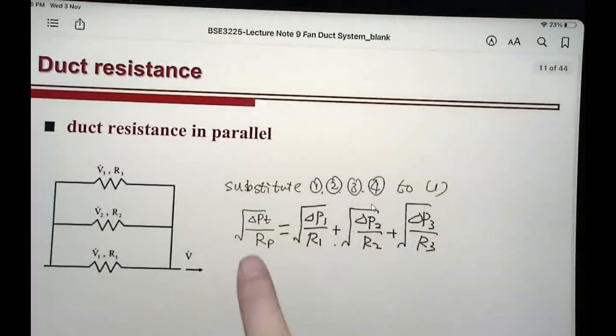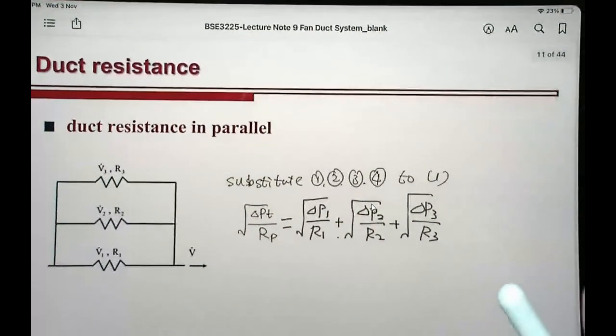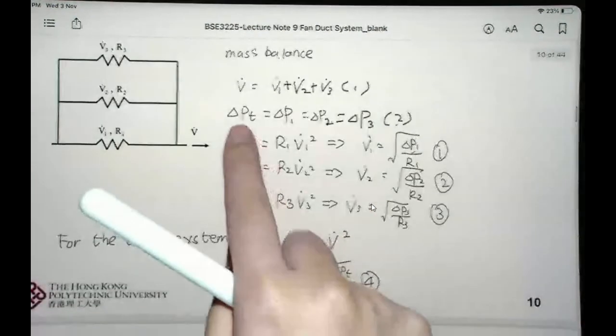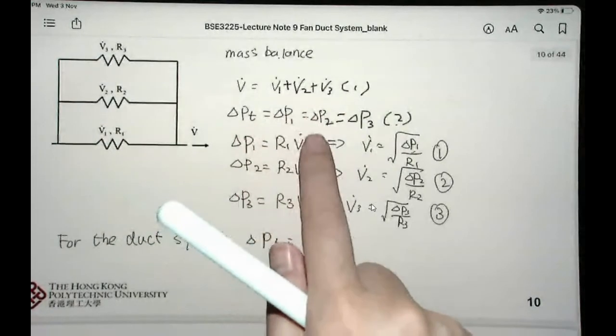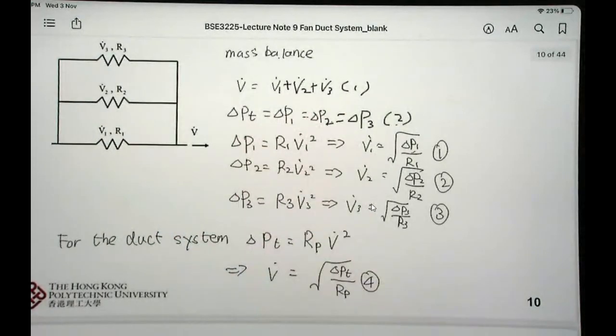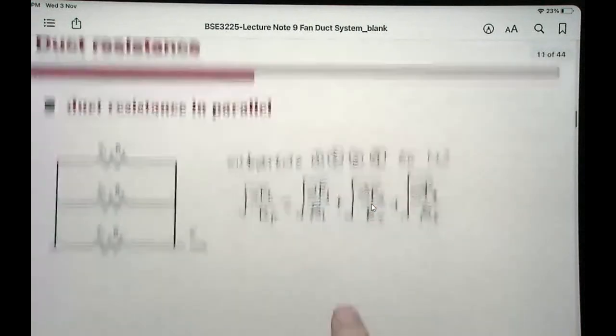So we further look at this equation, and from equation number 2, we know that delta P total equals delta P1 equals delta P2 and equals delta P3.